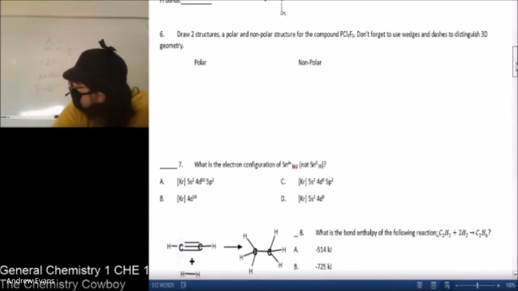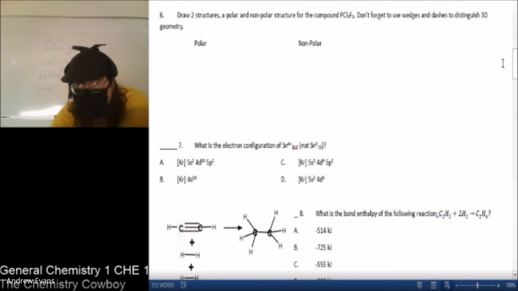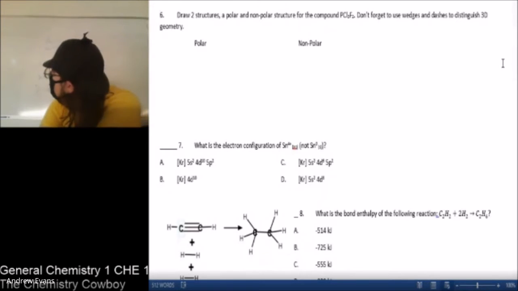This one is a good question to ask. It's a little tricky if you don't understand it, but it's not too bad. Given this structure, PCl3F2, draw a polar and a nonpolar version. The difference is when you have a molecule that has the same electron geometry as molecular geometry.